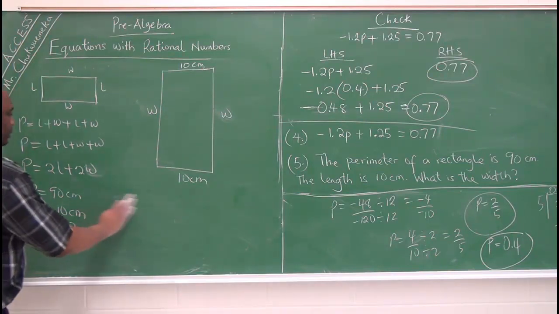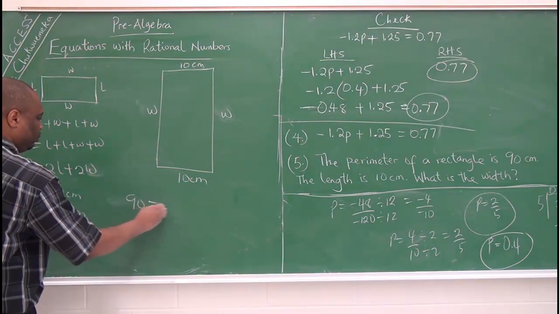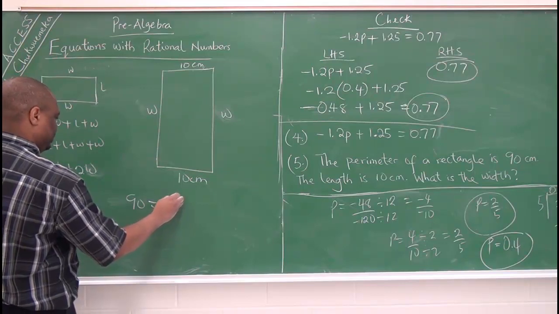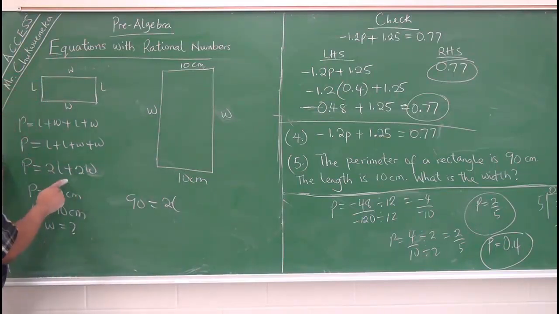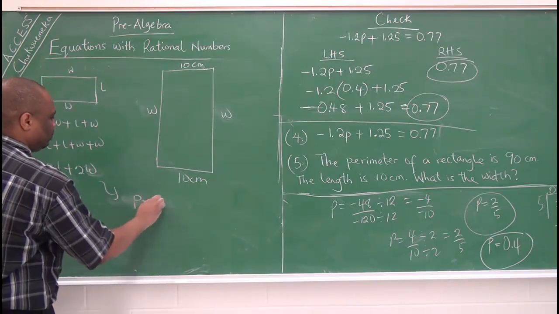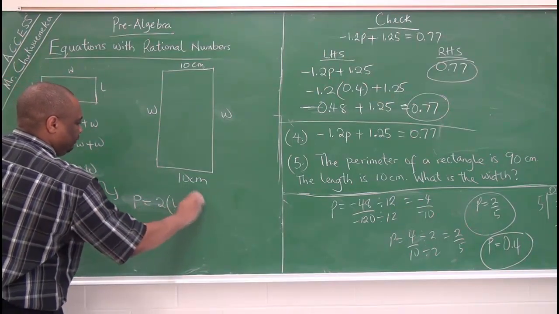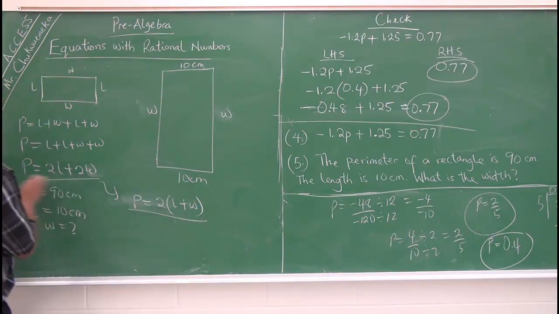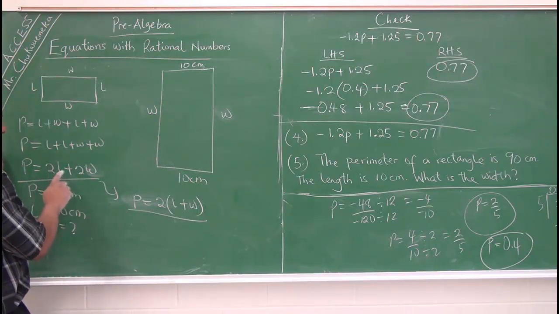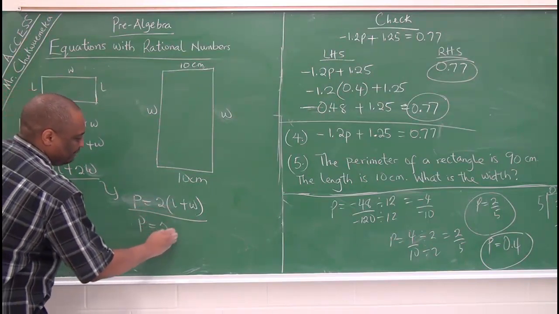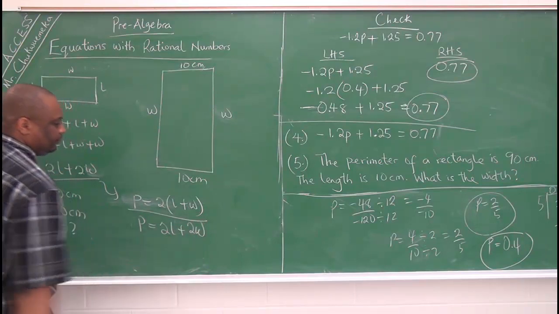So we find that 90 is equal to 2 times, you can say that P is equal to 2 times length plus width if you factorize it. We can use either, it doesn't matter. But if we use this, we need to distribute: 2 times length plus 2 times width.